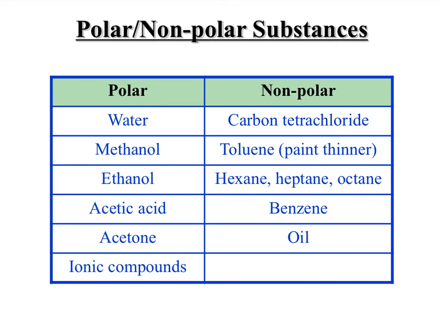There are some exceptions to the idea that polar dissolves polar and non-polar dissolves non-polar. When we say like, we mean all things polar and all things non-polar. They dissolve each other. So will methanol, for instance, be dissolved in water? Sure. But will oil be dissolved in water? No.